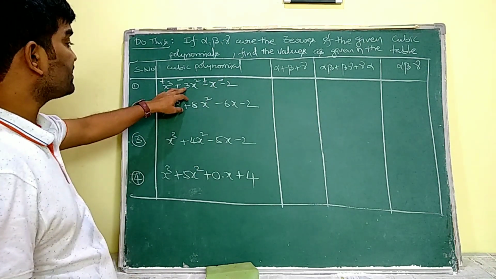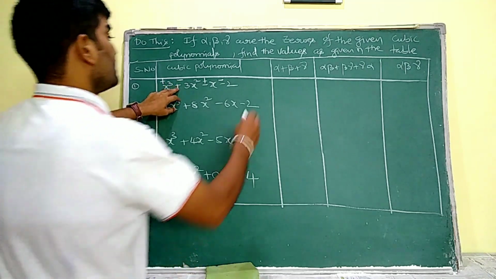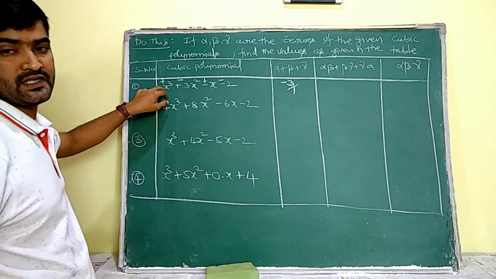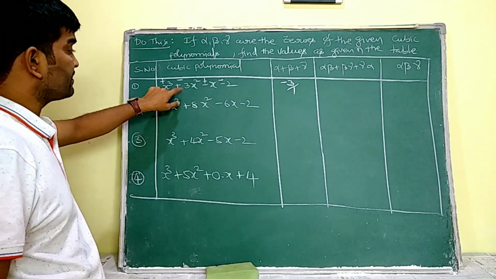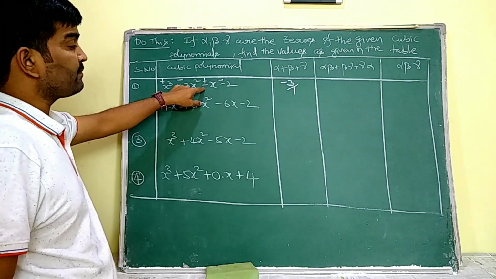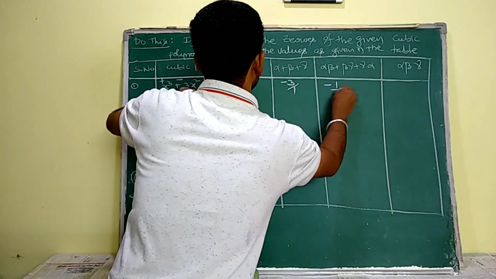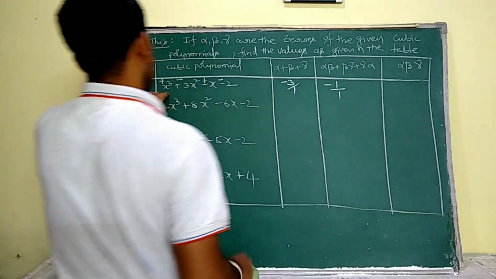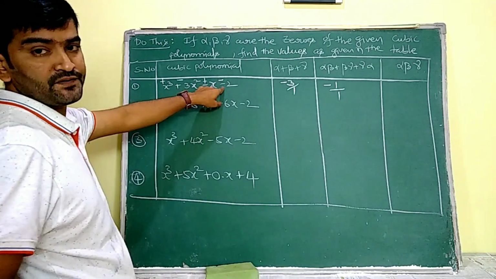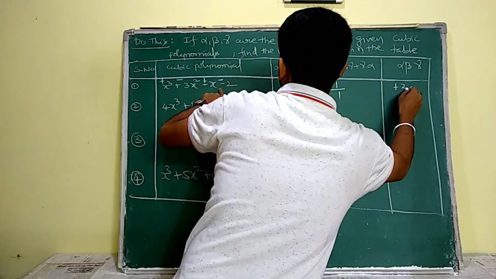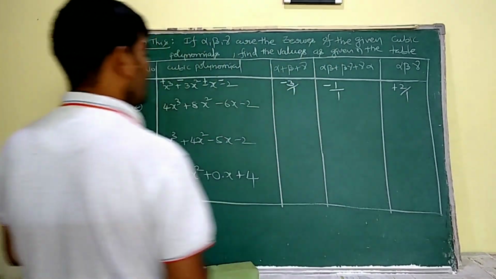So for the sum of zeros, minus into plus, minus 3 by 1. This is the sum of zeros of this. The sum of product of two zeros means plus into minus, minus 1 by 1. That's our answer. And the product of zeros means minus of minus 2, that is plus 2 by 1. We have to write like this.